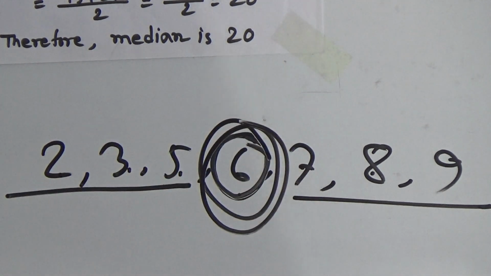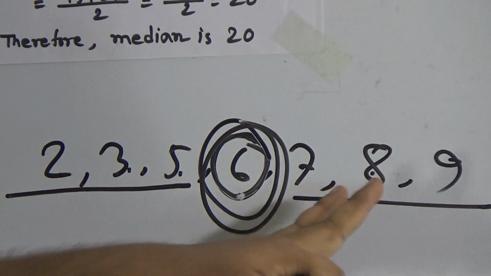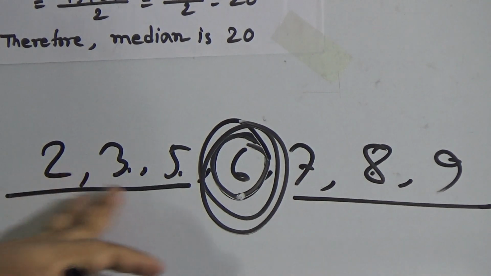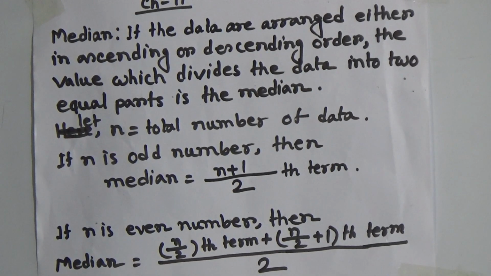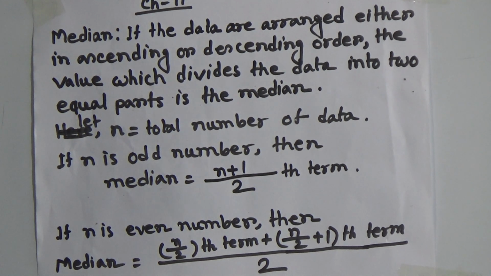This 6 divides the whole data into two parts, 1, 2, 3 and 1, 2, 3. I hope you have understood the definition. I repeat the definition: if the data are arranged either in ascending or descending order, the value which divides the data into two equal parts is the median.